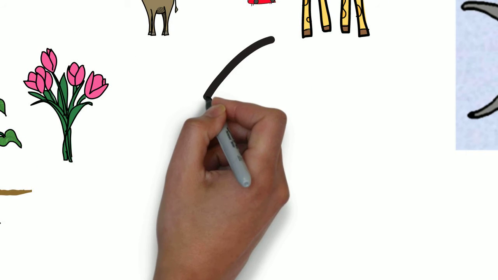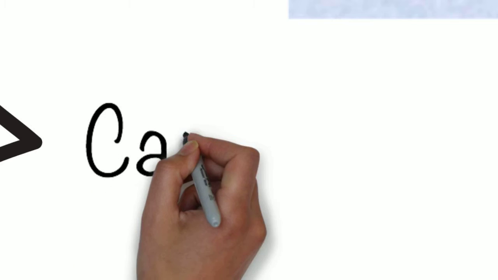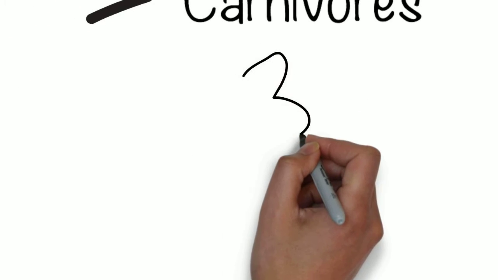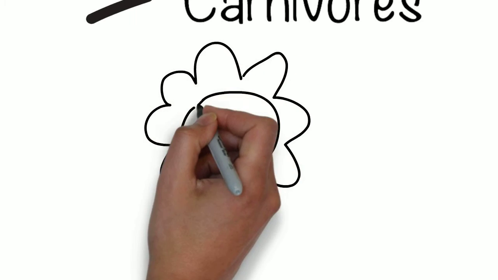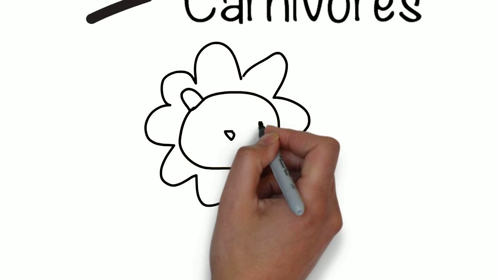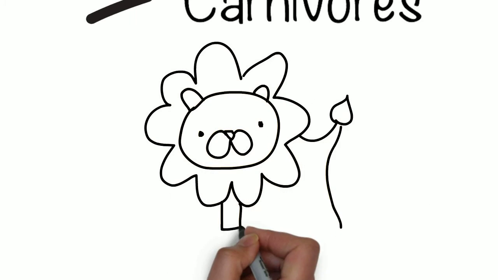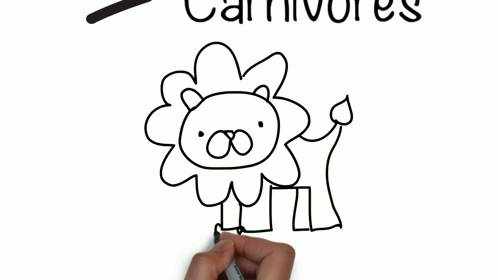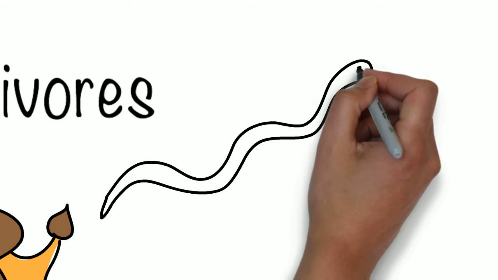The next part of a food chain is a carnivore. And a carnivore is a meat eater. So a really common meat eater that we can think of is a lion. Lions eat zebra, they eat gazelle, they eat a lot of different things in the environments, but it's pretty much all meat. A snake is another carnivore we know of.